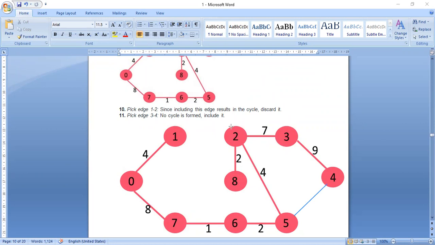So I should not add the 5, 4 edge to the given minimum spanning tree. So I will delete that one. I will not add 5, 4.